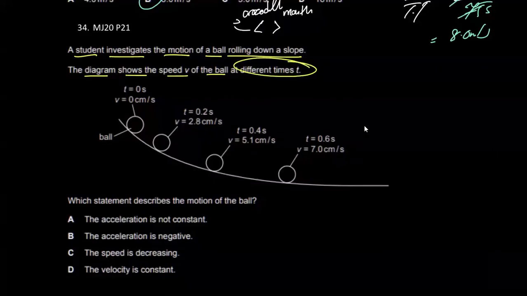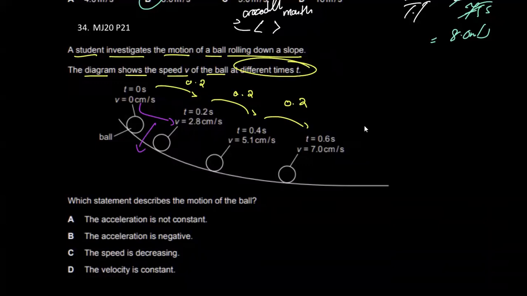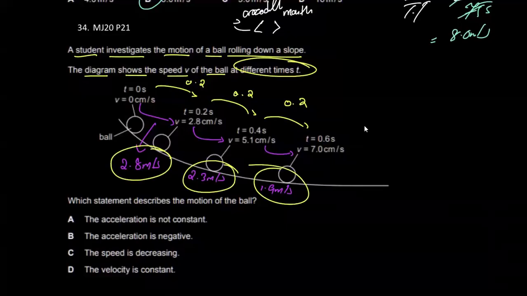The difference in the time is constant, 0.2, 0.2, 0.2. So we just need to look at your velocity. First, there is a 2.8 meters per second difference. Then 2.3 meters per second, and then 1.9 meters per second. So 2.8, 2.3, 1.9.